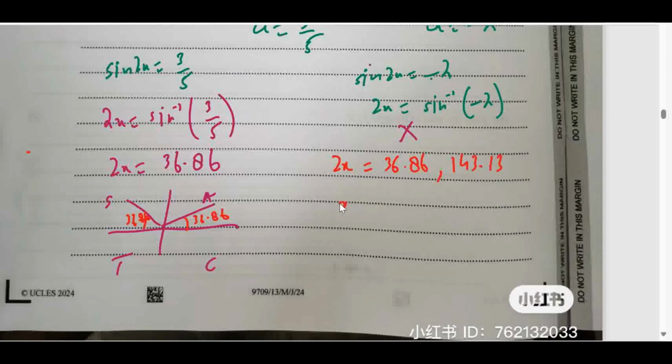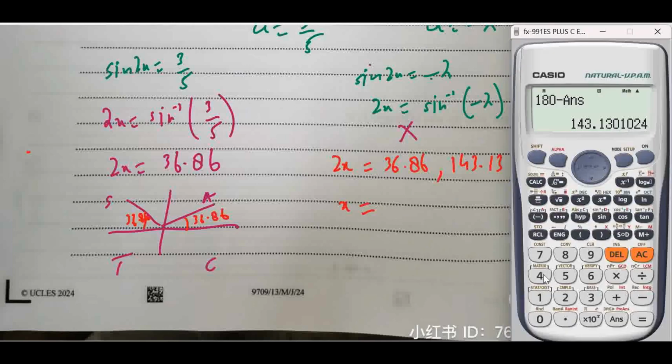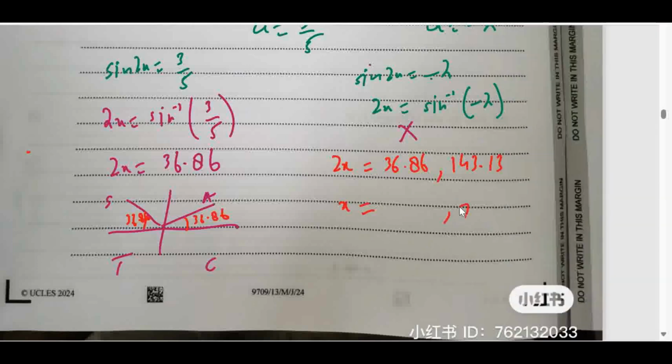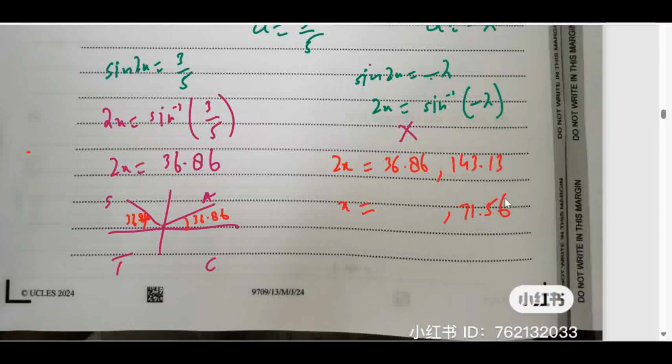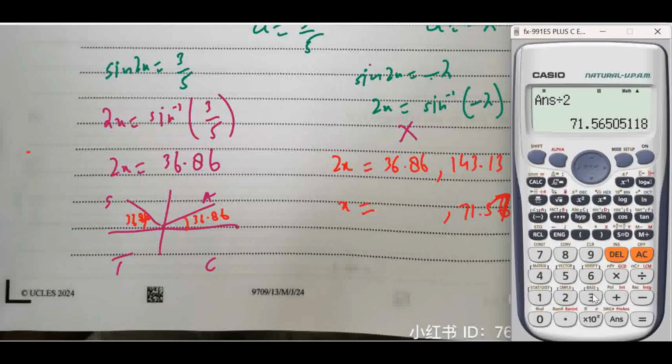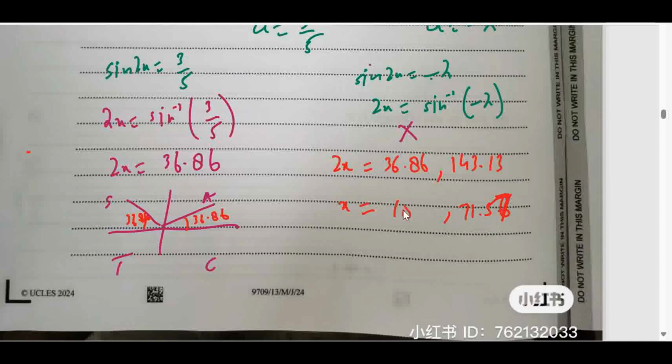If we divide it by 2, this will be equal to 71.56, which is almost 71.7. And then 36.86 divided by 2 will be equal to 18.43. So this will be the final answer.